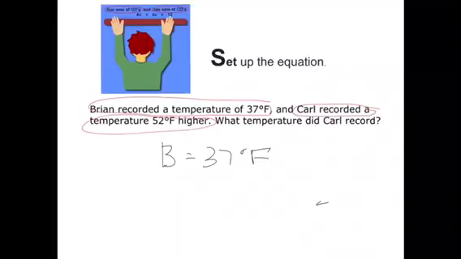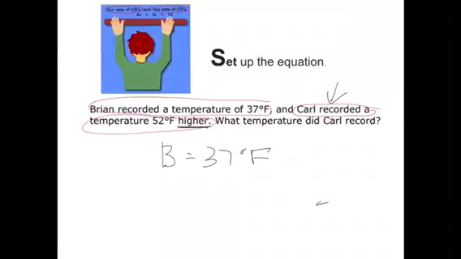From the second number phrase, right here, I can say Carl recorded a temperature 52 degrees higher. And the important word here is higher. And higher means addition. It means add on.